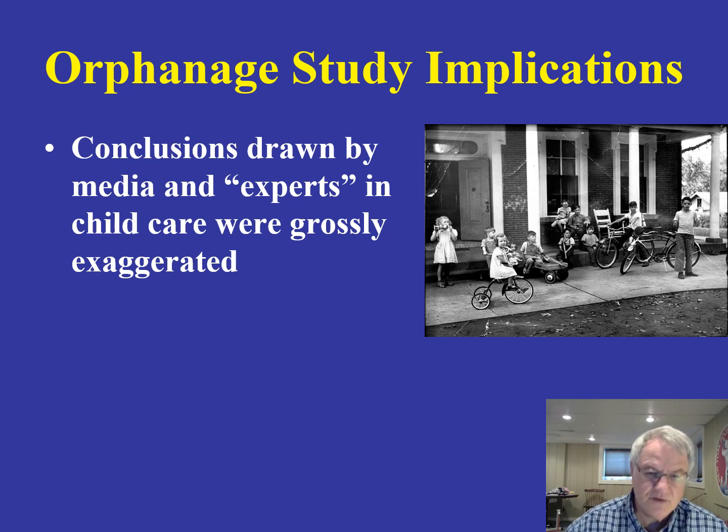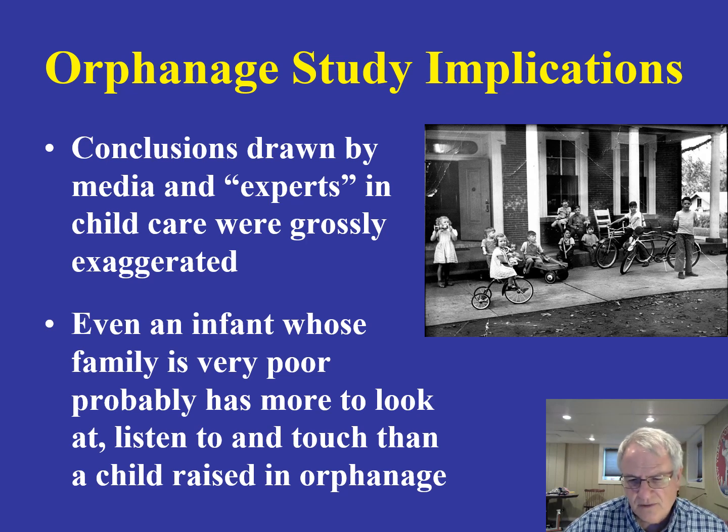The findings were just grossly exaggerated by a number of books that came out from quote-unquote experts at that time. So, an infant whose family is very poor probably has a heck of a lot more to look at, a heck of a lot more to listen to, a lot more to touch than a child that's being raised in an orphanage setting. So indeed, we have to take those findings with a grain of salt.